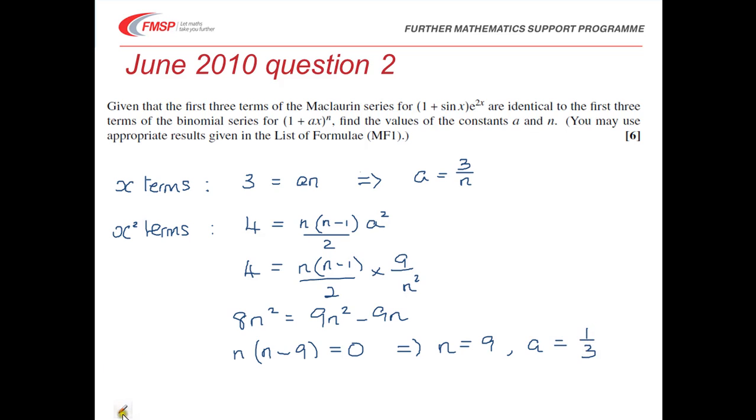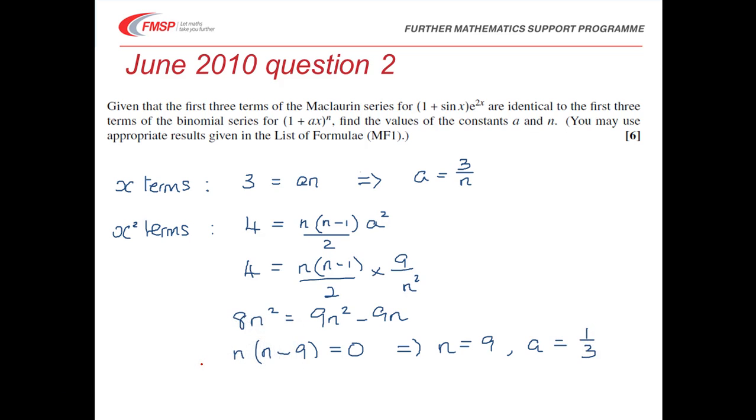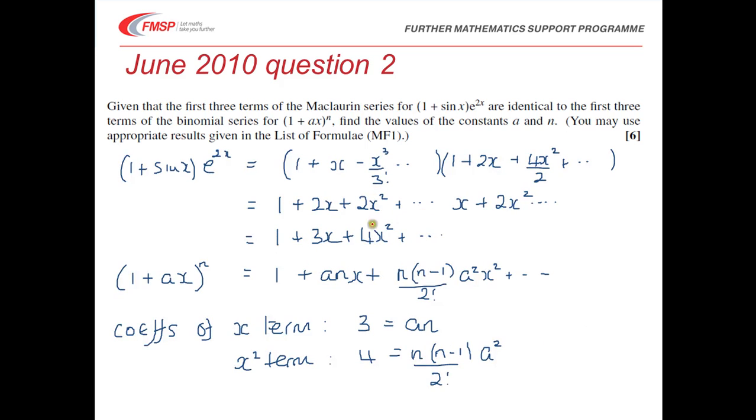So we've now found the constants. If we just have a quick look at how the marks are awarded for the question, you got 1 mark for expanding up here, the 1 plus sin x, and then you also got a method mark for the e to the 2x, and then an accuracy mark for bringing those two together to get 1 plus 3x plus 4x squared.